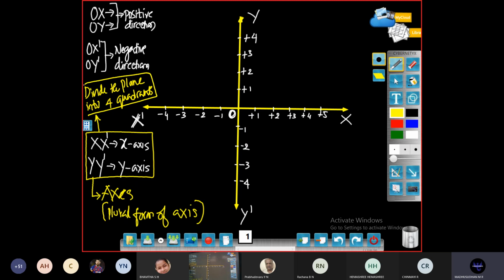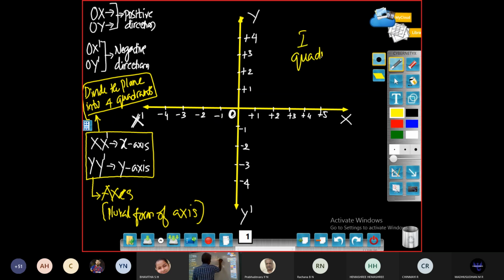One-fourth of the plane, 1/4. See, this entire plane is divided into 4 parts. From OX we are going to measure anti-clockwise. This we call the first quadrant.